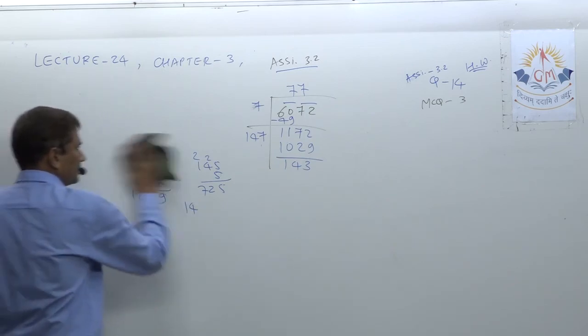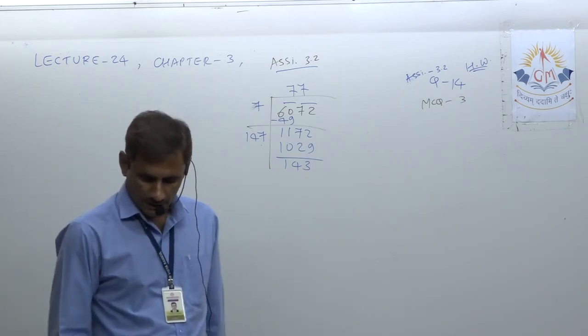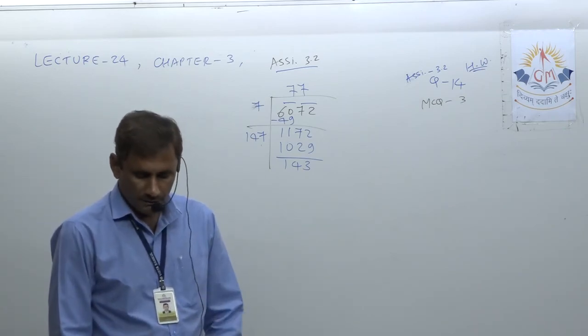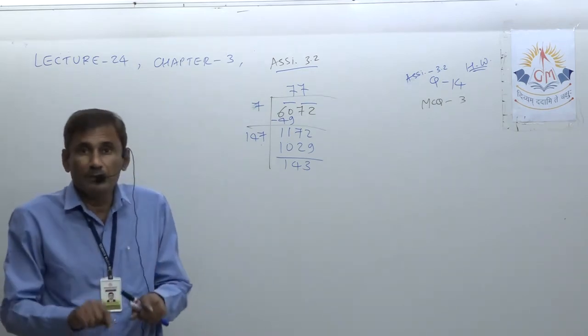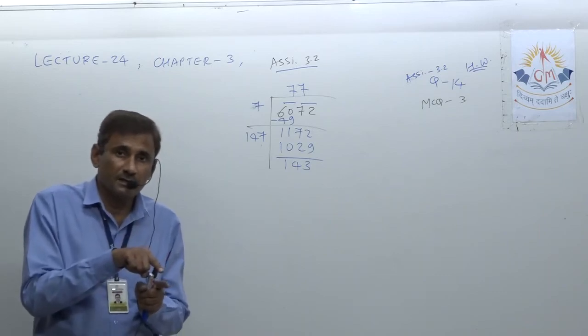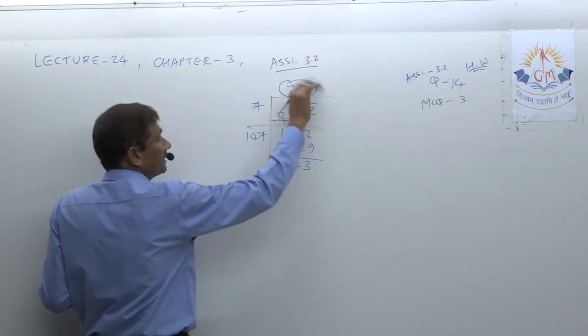So I explain it today only, and question number 9 also is of this type, and I explain number 15 also today by that way. Okay. So now you should come to the next number.